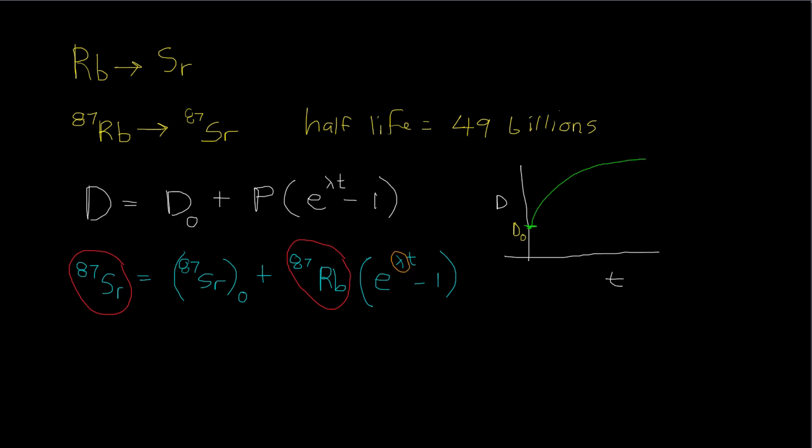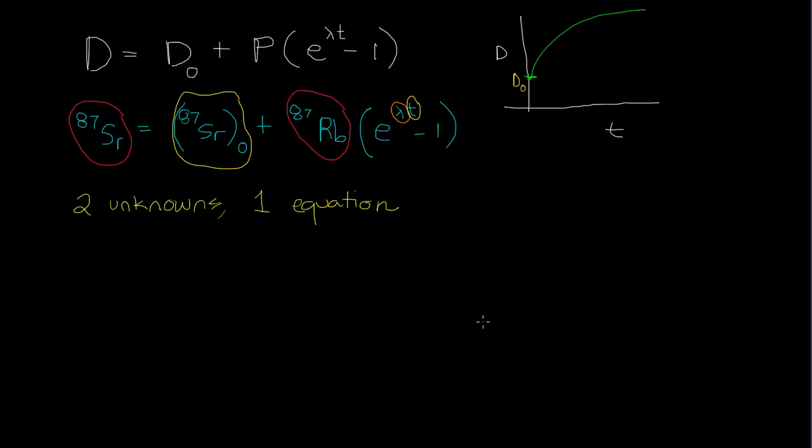And what we don't know, and I'll put those here in yellow, is the initial concentration of strontium, and we do not know the time. So in other words, there are two unknowns in one equation, which means we can't uniquely solve it for both the time and the initial concentration of strontium 87 in the rock.